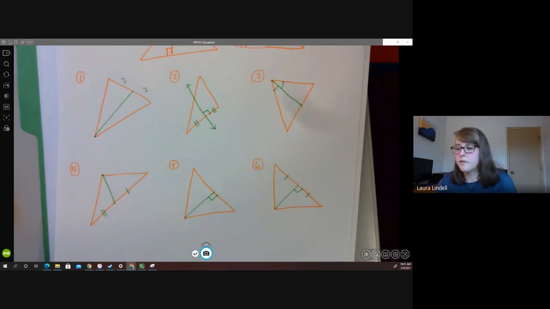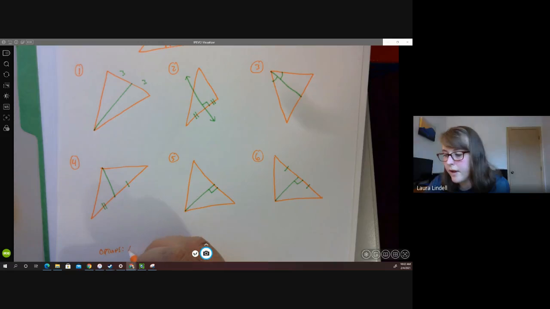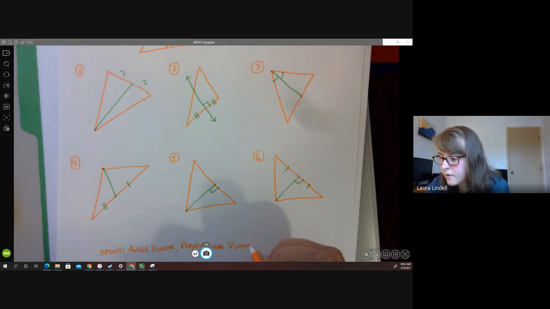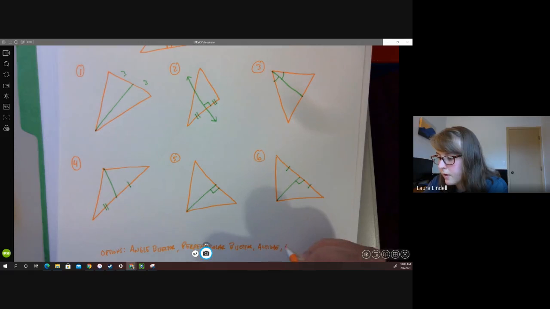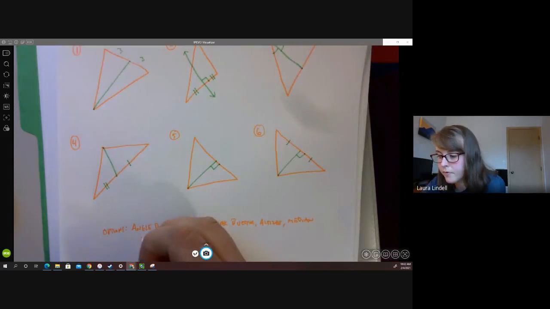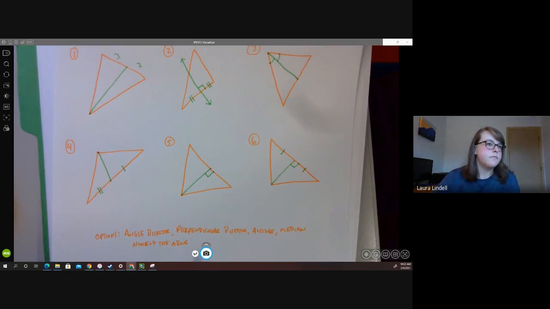And just to remind us of our options, we have angle bisector, perpendicular bisector, altitude, median, and then we also have none of the above.